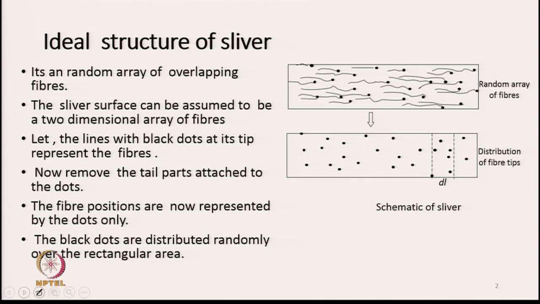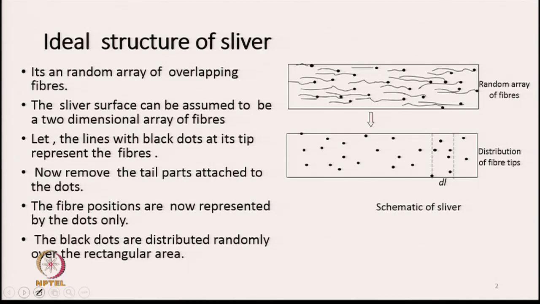Now, suppose we remove the tail part, that is the line part. So, we will be left with the dots. The positions of the fibers are represented, let us say, by these dots now.